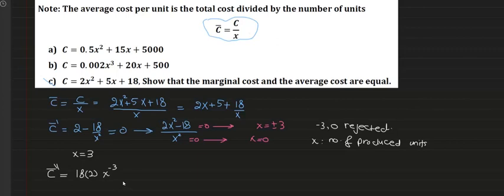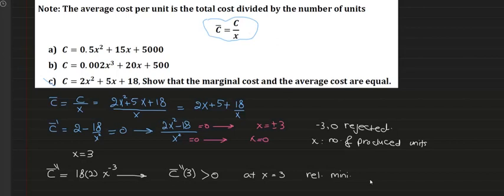Then we can substitute this 3 in order to get a positive value, which means that at x equal 3 we have a relative minimum value, because when the second derivative is positive, this means concave upward, which means a relative minimum value. And at x equals 3 is a minimum value, so this is where the average cost will be minimized.